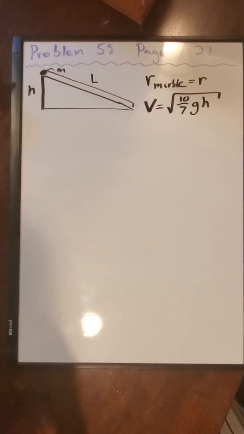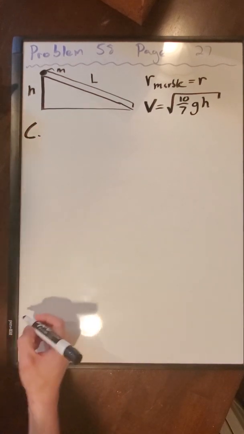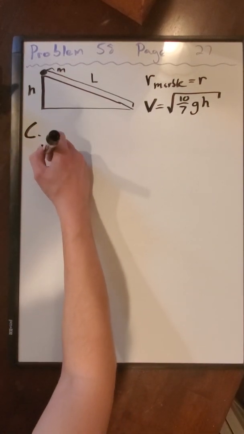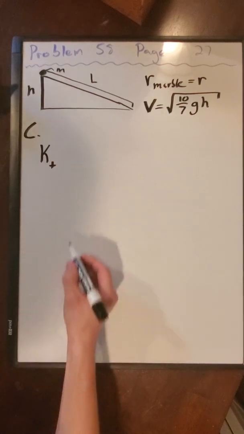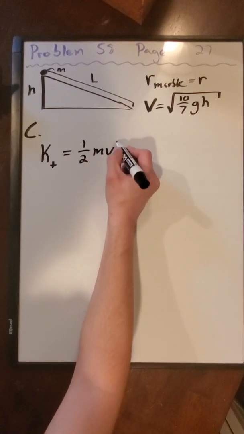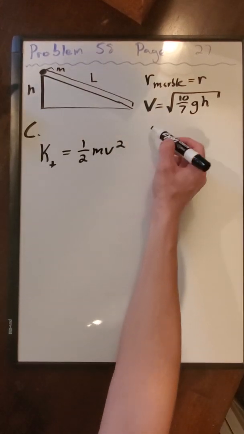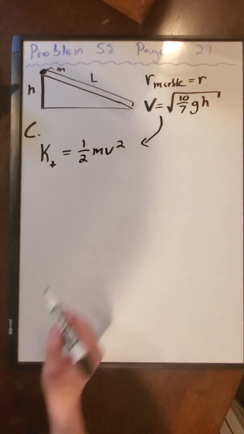Now we're going to move on to part C, and all part C is asking is what the translational kinetic energy is. This is going to be really easy for us because we know that our translational kinetic energy is just equal to 1/2 mv squared. The only thing we don't know in this case is velocity, but we found that out in part A, so all we have to do is plug that in for velocity.